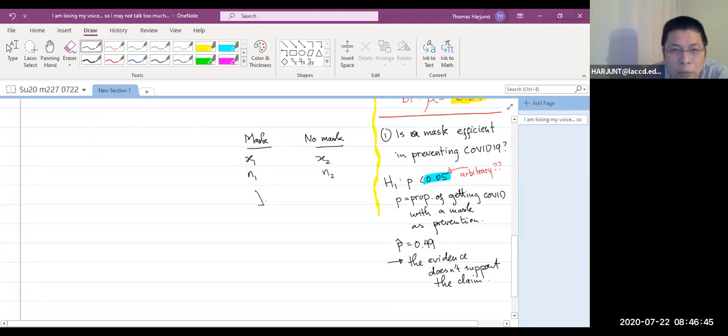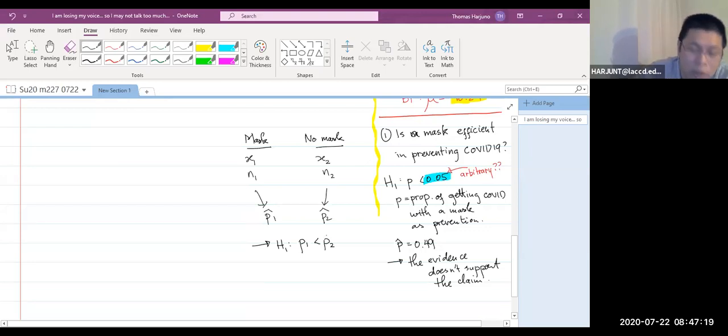From here we get the sample proportions of people who catch COVID-19 with mask and without mask. And then we want to show in our alternate hypothesis that the true proportion of people wearing masks who catch COVID-19 is less than the true proportion of people not wearing masks. That's what we're supposed to do.